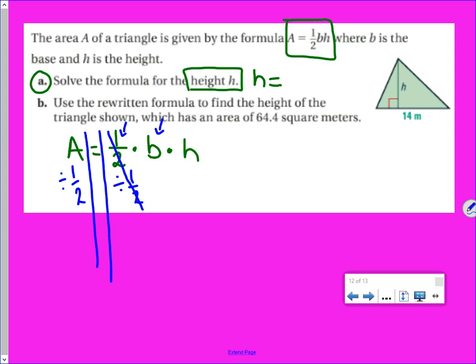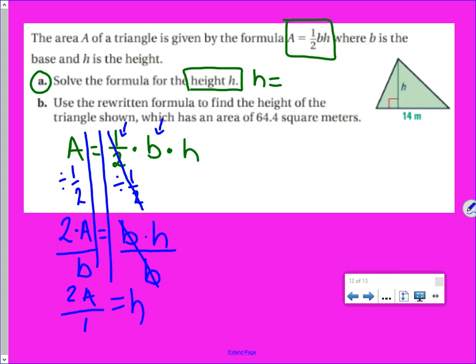A divided by 1/2 is actually going to be 2 times A equals B times H. Now we need to get rid of the B. To undo times B, we have to divide by B. B divided by B cancels out. We have H equals 2A divided by B.